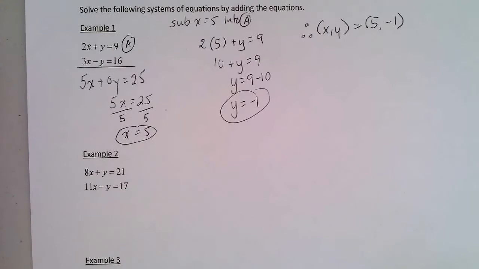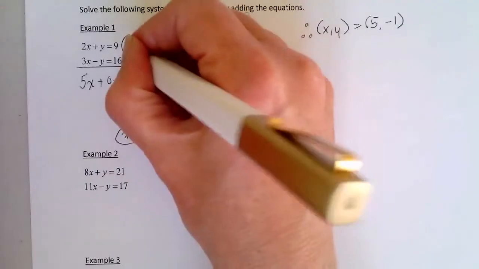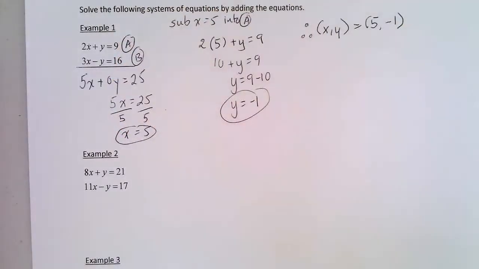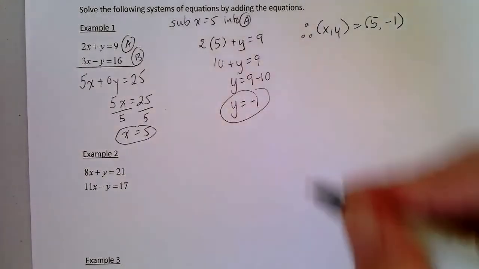Now, we ended up with some integer values, so this means our check will be a little bit easier, but we should practice the check, and I can't stress enough the format for the check. You need to work with each equation separately.